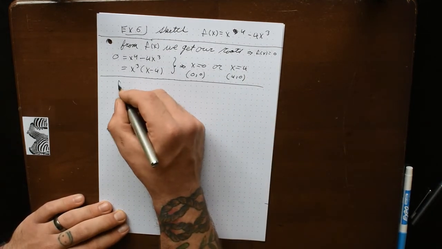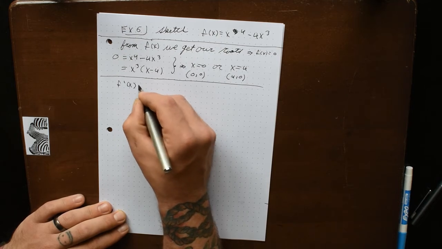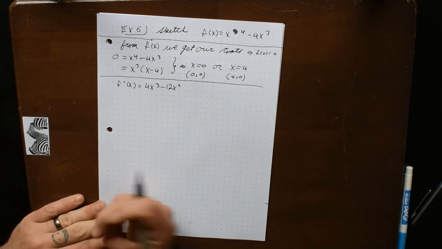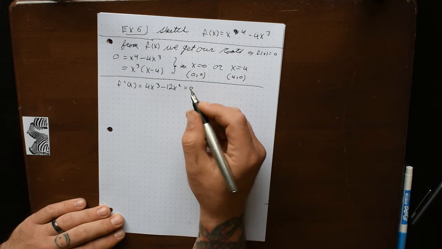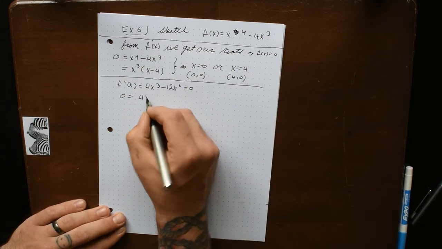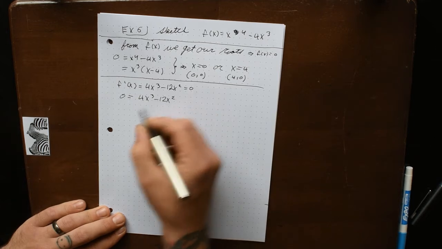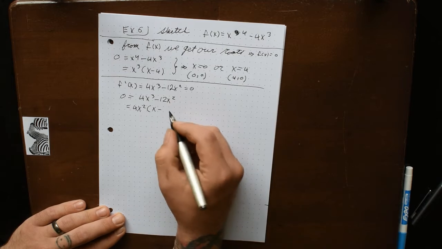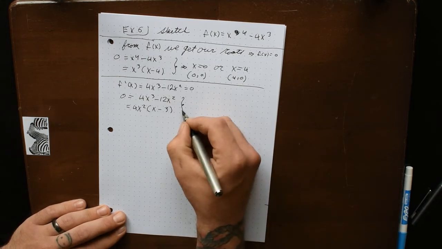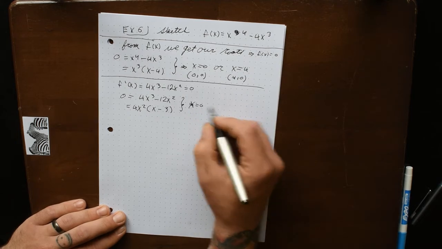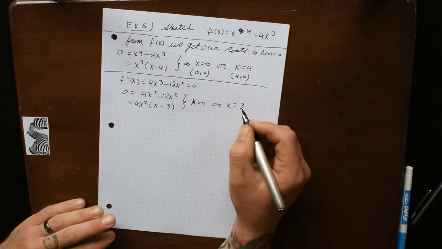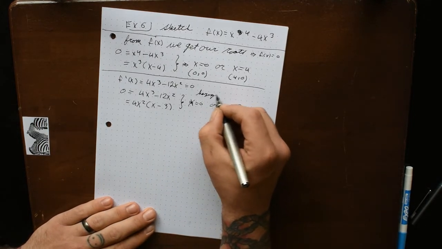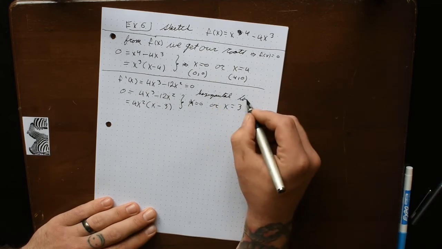From our first derivative, that's going to be equal to 4x cubed minus 12x squared. In order to find our critical numbers, we need to set our derivative equal to 0. When 0 is equal to 4x cubed minus 12x squared, which is the same as 4x squared times x minus 3, that tells us x is equal to 0 or x is equal to 3 for our critical numbers, where we have a horizontal tangent line.